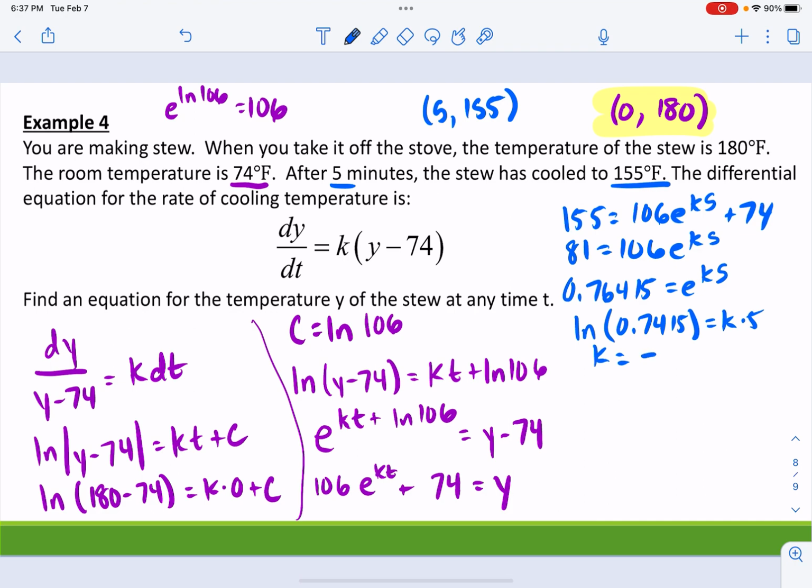So I get k to be negative 0.05379. Hey, that's what I got. So now I have my equation, y equals 106 e to the negative 0.054, because we like 3 decimal places, t plus 74.